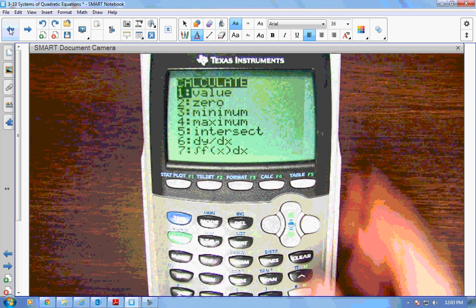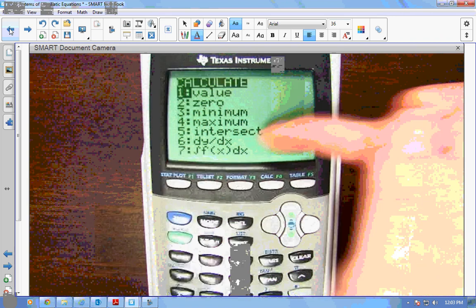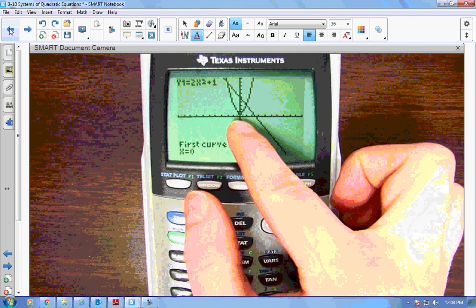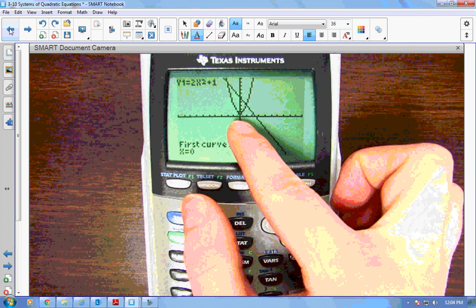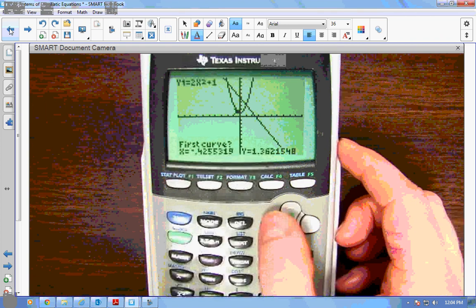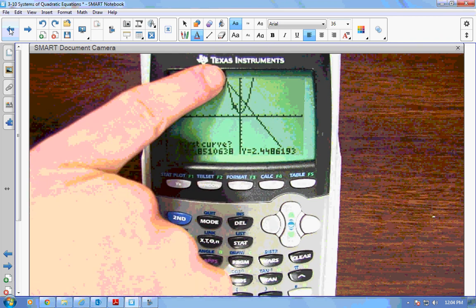Now, which one allows us to find the intersection? 5, intersect. How nice is that? And see how we have this little blinking bug? You're going to arrow over. I'm going to start with the left intersection. There's 2 of them. I'm going to do the one on the left, the higher one.